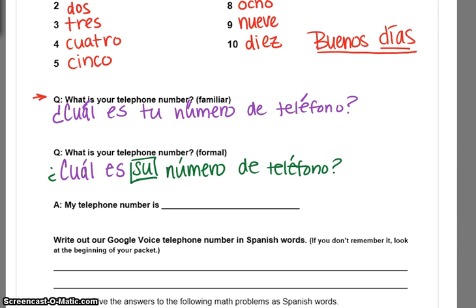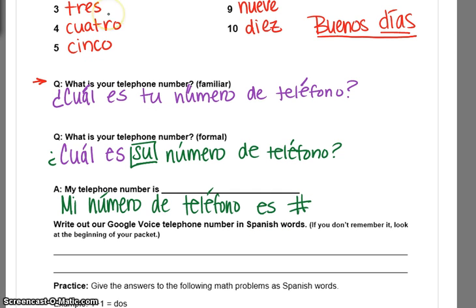When you answer it, my telephone number is, you would say, mi número de teléfono, my number of phone, or my phone number, is, the word is es for the verb is, and then you would put in your number. Remember to say your numbers in Spanish instead of in English.